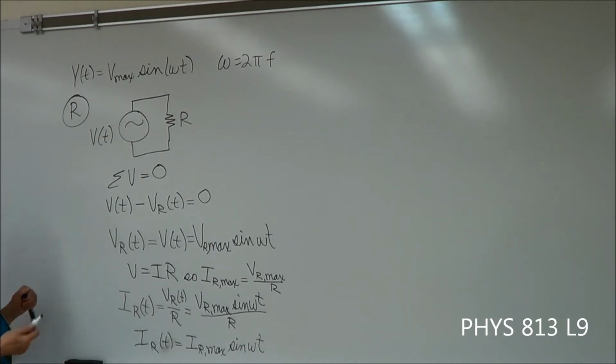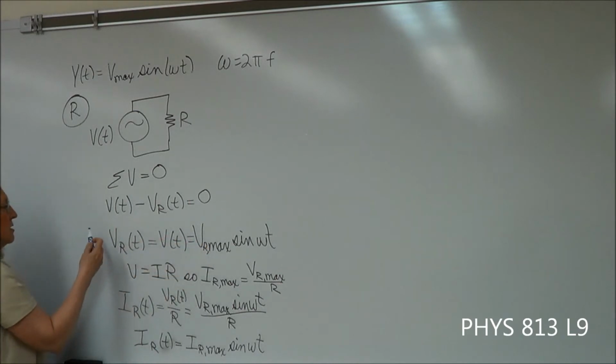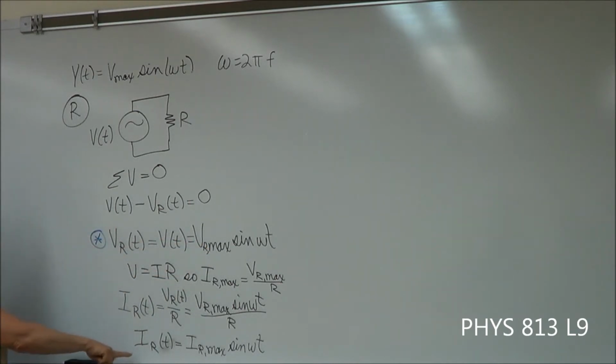So what we want to keep track of is the voltage across the resistor as a function of time. So I'm going to put a star here, and then our current as a function of time. So these are important equations, and we'll refer to those in the next lesson.